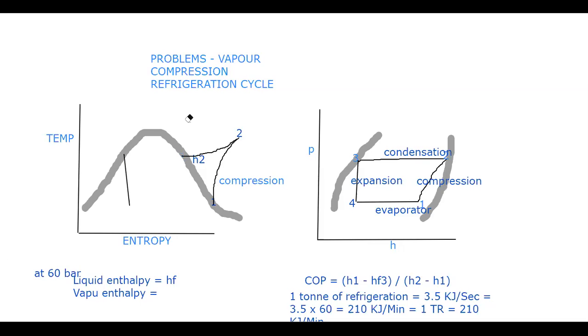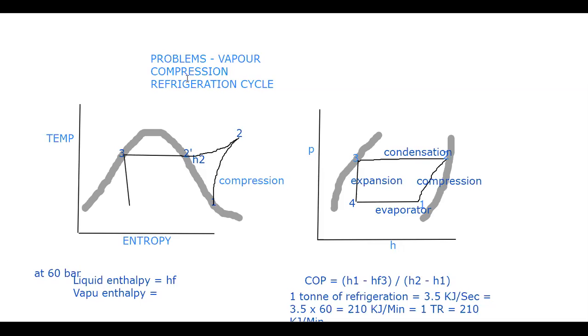Previously we said 2 in the previous problem, but in this problem, when it is superheated, we will call this 2 dash. So the condensation happens from 2 to 2 dash, and then from 2 dash to 3 it will be in this fashion if it is a superheated condition of steam. This is very important, you have to know before you solve these superheated type of problems. The remaining processes will all be the same.